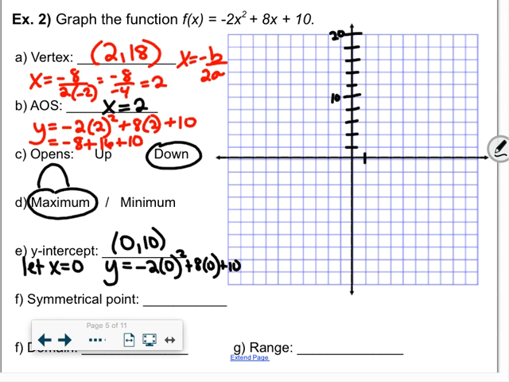You do not have to go by 2s on the x-axis. But it's really important that you give me some numbers for scale so that I know what you're using. Again, your scale does not have to go by ones.